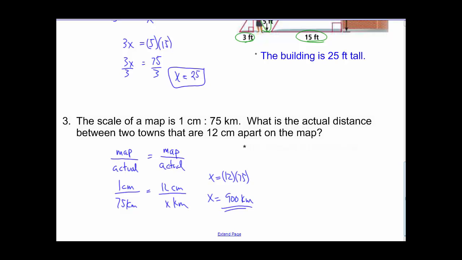We measured they were 12 centimeters apart, so we're going to solve for x down here on the bottom. If we cross multiply, we take 1 times x, and that should be equal to 12 times 75, which you should have gotten 900 kilometers. So the two towns are 900 kilometers apart.